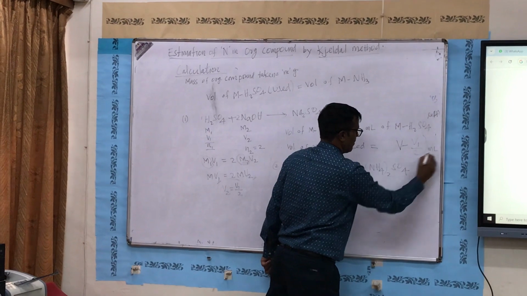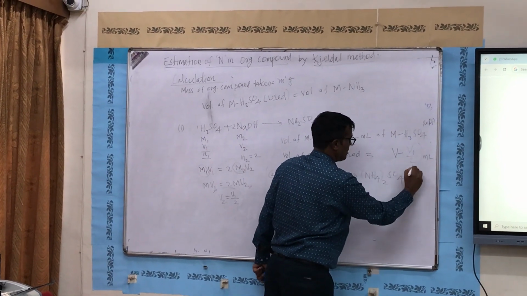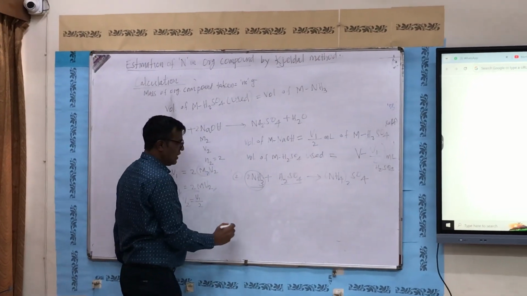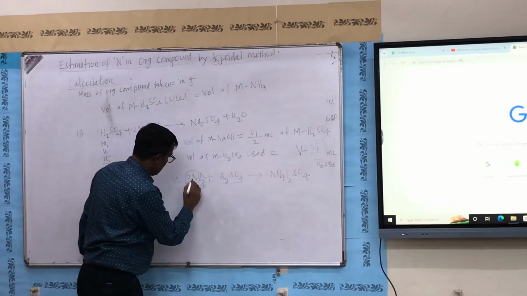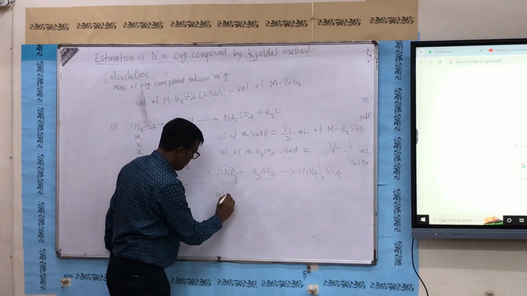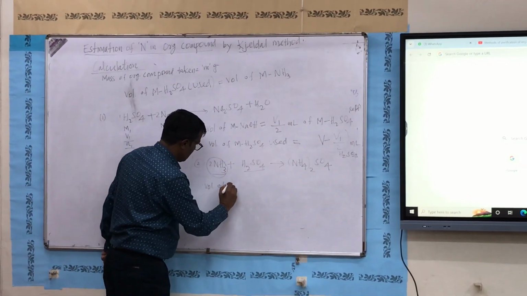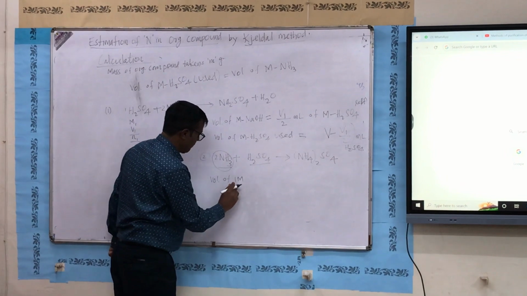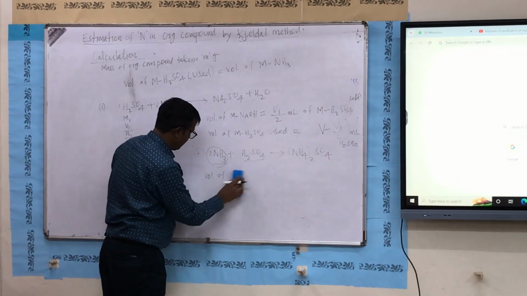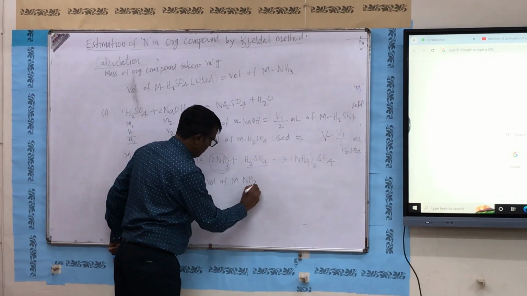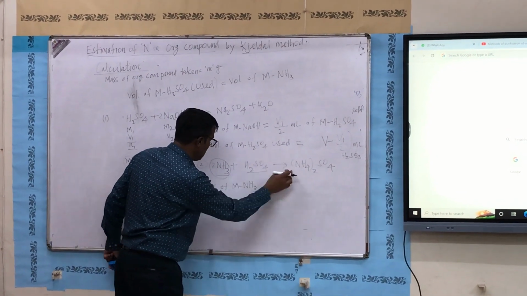Suppose this is this much sulfuric acid. So if we write here, volume of M NH3, the same molarity, we have to keep the same molarity for both.